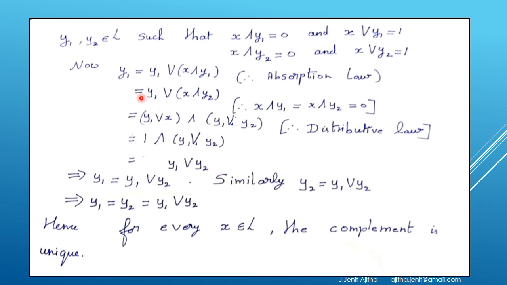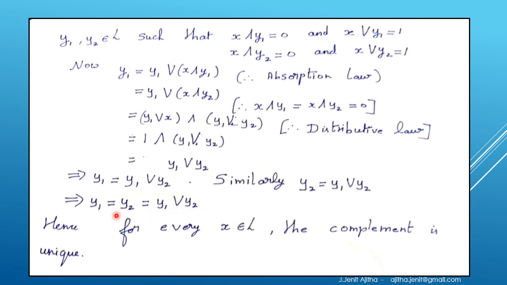And similarly, if you interchange y1 and y2, you will get y2 equal to y1 join y2. So therefore, y1 is equal to y2, and that is equal to y1 join y2.